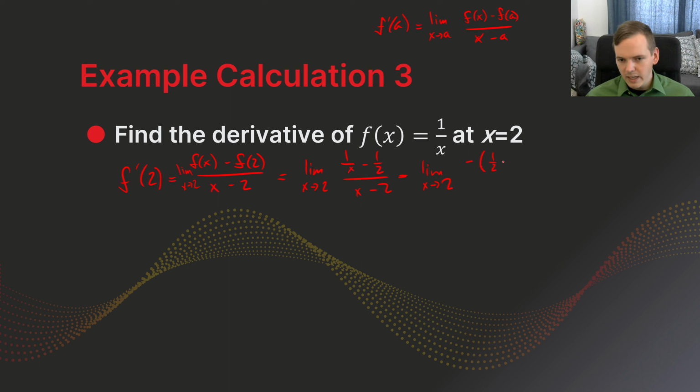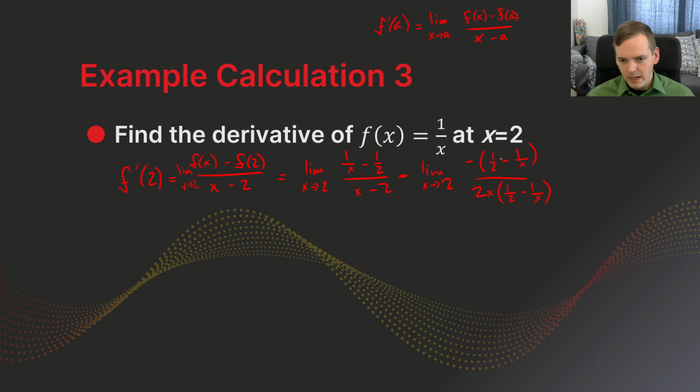So negative, and then I can write 1/2 minus 1 over x. And on the bottom, I'm going to factor out a 2x so that I can write this as 1/2 minus 1 over x. So again, factoring out the 2x means I got 1/2 for this first term, 1 over x for the second term.